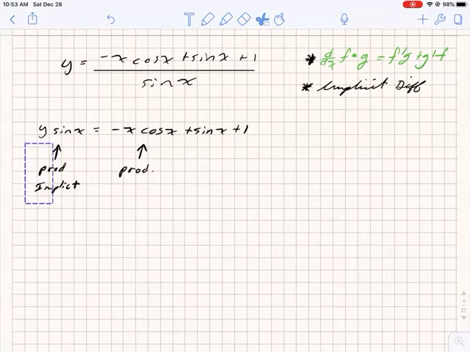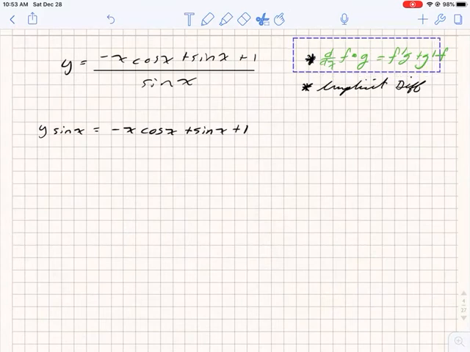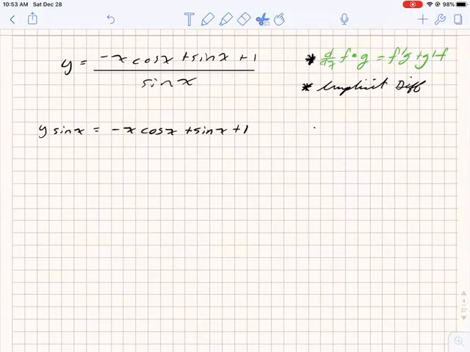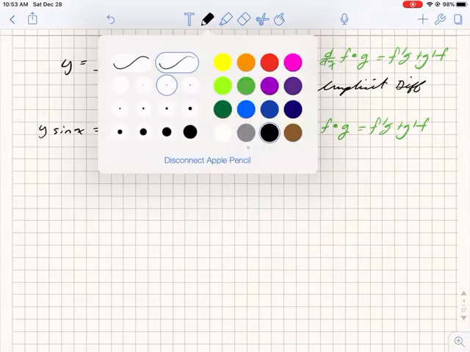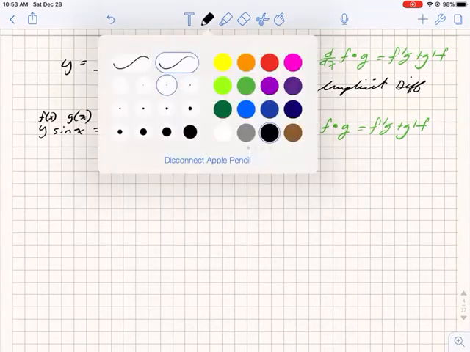Okay, so right here we're going to be using this formula, and let's go ahead. So this is our f of x function, so then this must be our g of x function.